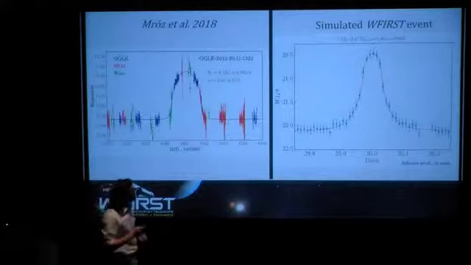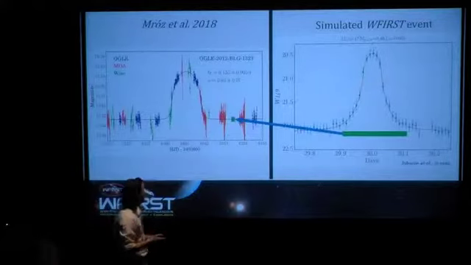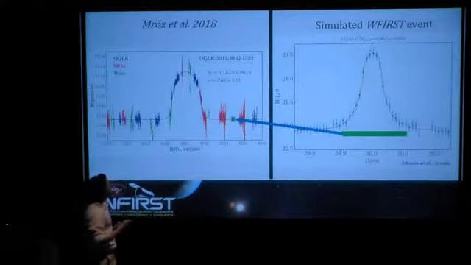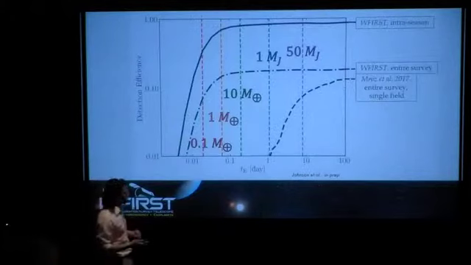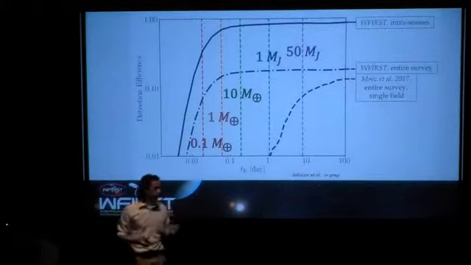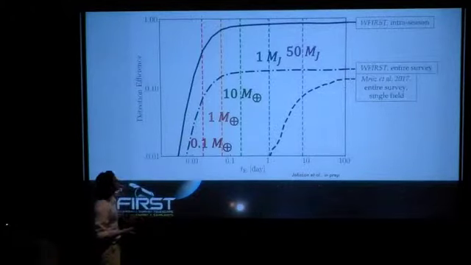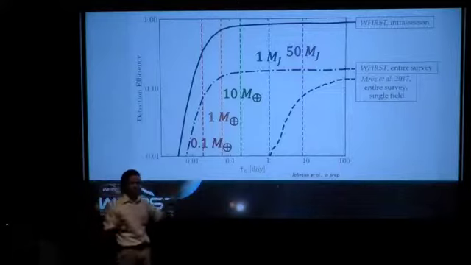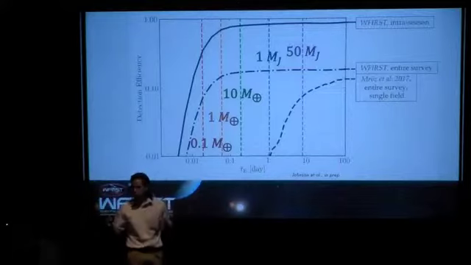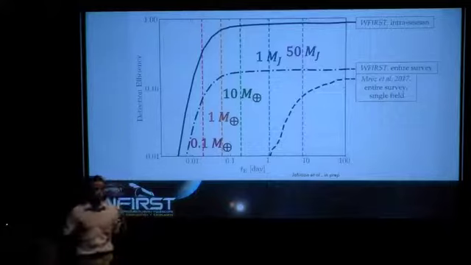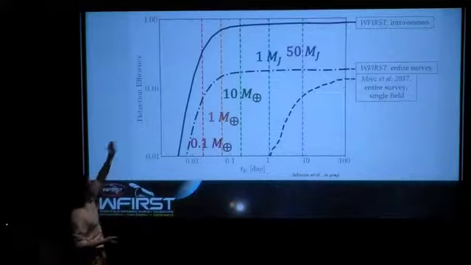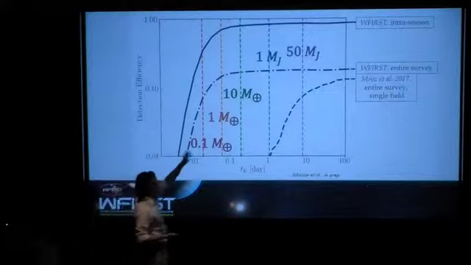Now, if we look quickly at the detection efficiency for WFIRST as a function of event timescale, here the solid black line is the intra-season, so during a 72-day season, how many events we recover from those injected. We can see that it stays at about 80 or 90% down to a tenth of a day.